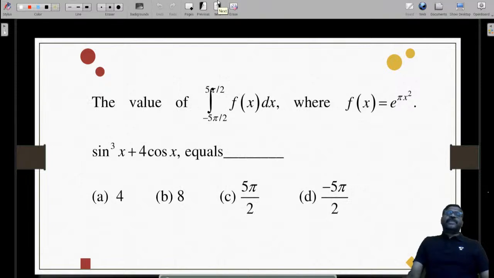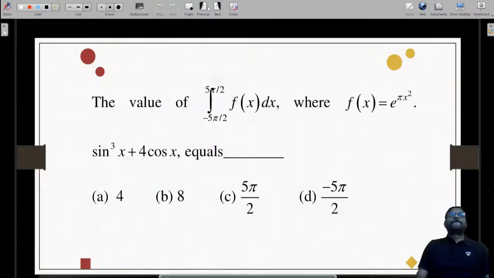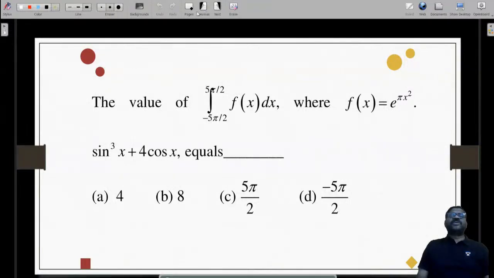The value of integral minus pi by 2 to plus pi by 2 f of x dx is, e power pi x square sin cube x dx plus integral minus 5 pi by 2 to plus 5 pi by 2, 4 cos x dx.